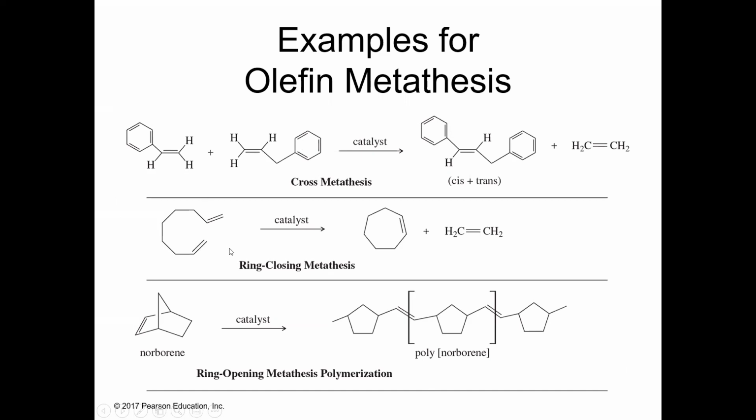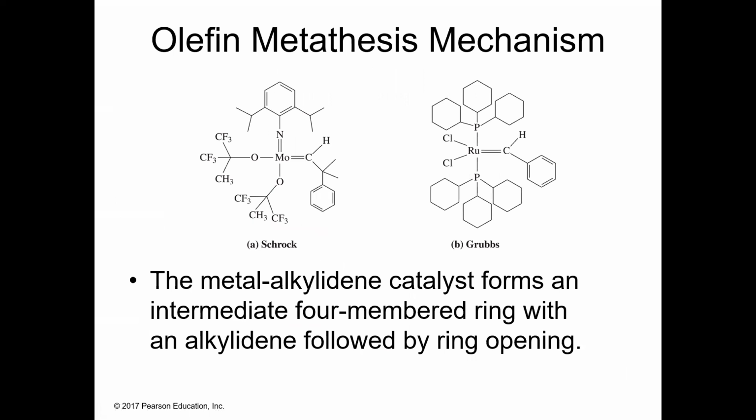We split it here, we split it here, we close the ring, and the other product is ethylene. And this is ring opening metathesis, which produces a polymer. The mechanism involves the metal alkylidene catalyst, which forms an intermediate 4-membered ring with an alkylidene followed by ring opening.